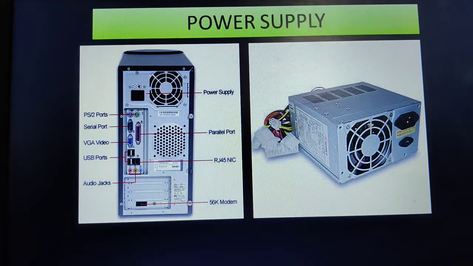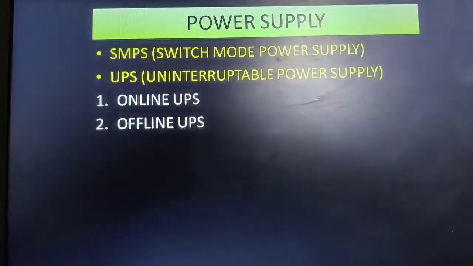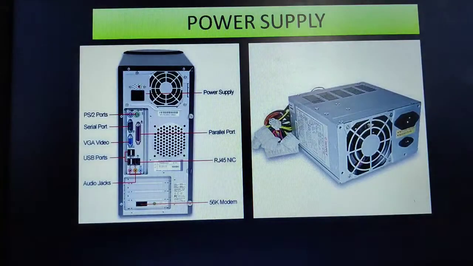As I said, if we are using any kind of power supply or battery to connect to the computer system, in order to save the computer data in case of power failure, this SMPS is one of the types of power supply. It will convert that alternating current into DC current and provide power to the system components for working.